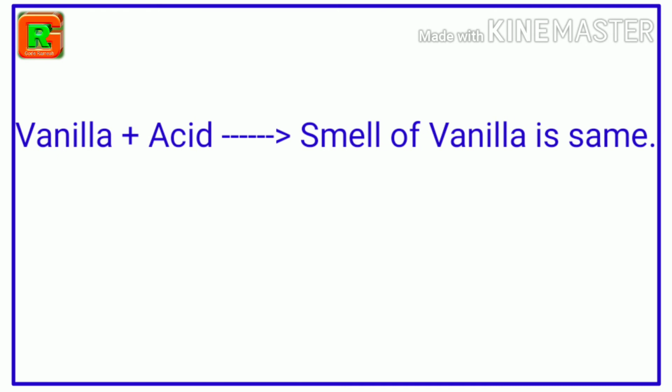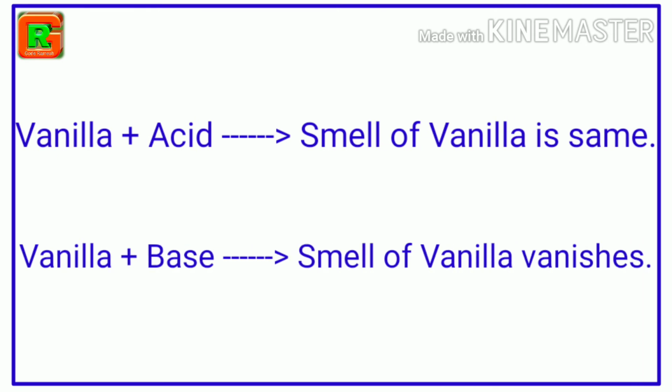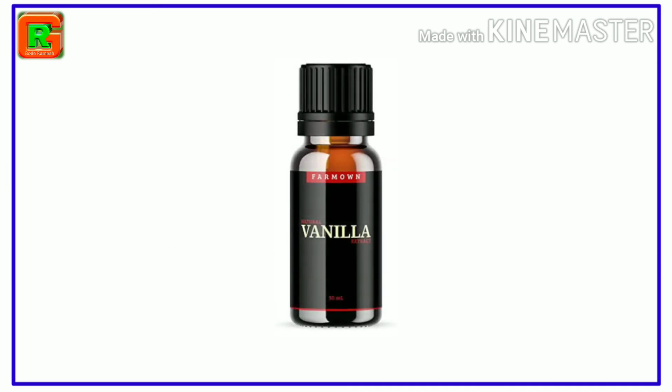That means there is no change in the smell of vanilla after adding it to an acid, and the smell of vanilla vanishes after adding it to a base. From this activity, by observing the differences in smell, we can find out the acidic and basic nature of substances by using synthetic olfactory indicators like vanilla.